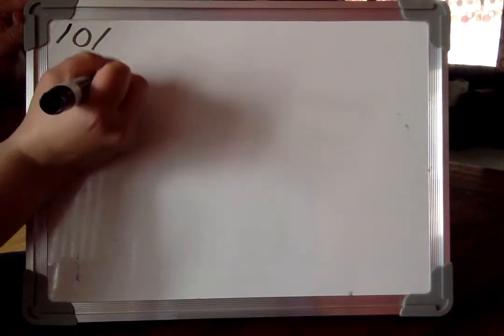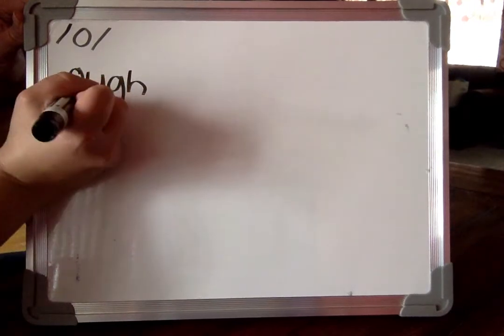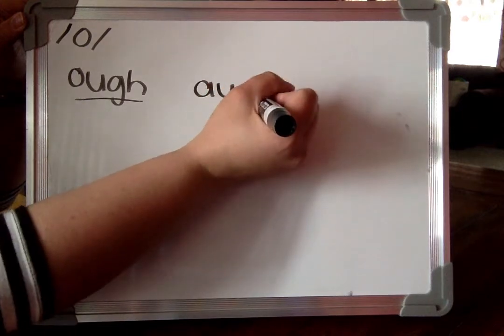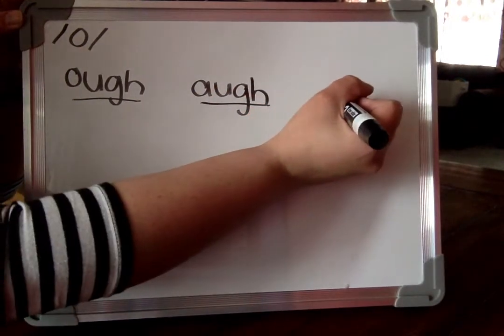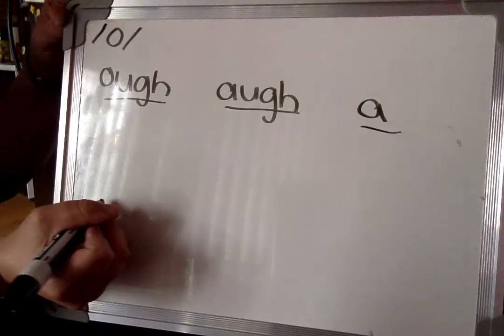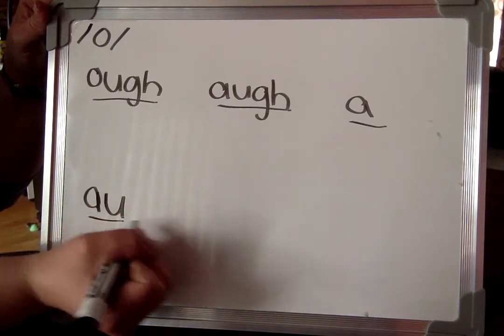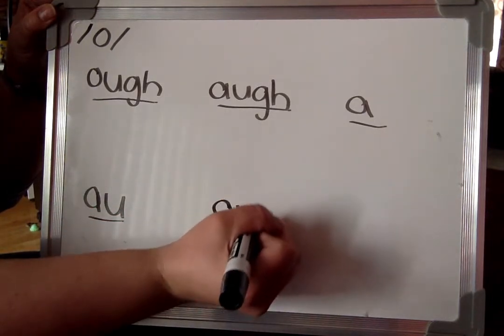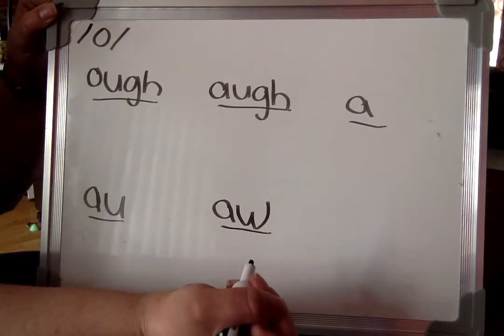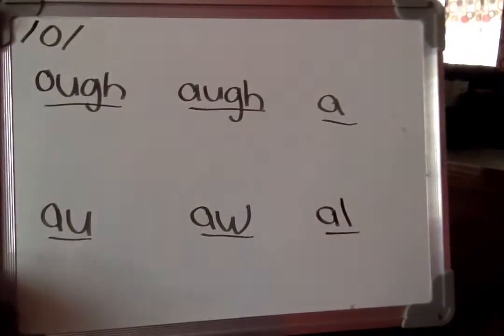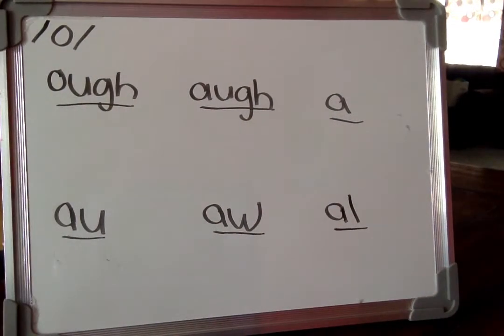So we used O-U-G-H, A-U-G-H, A, A-U, A-W, and A-L. So we went over those spellings, which would be patterns of that sound.